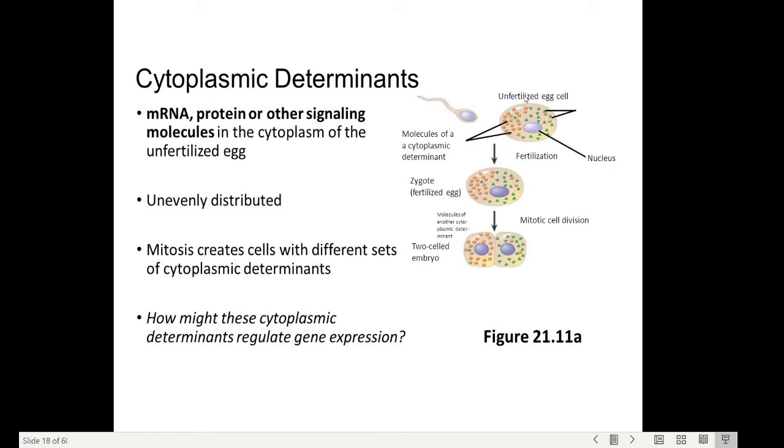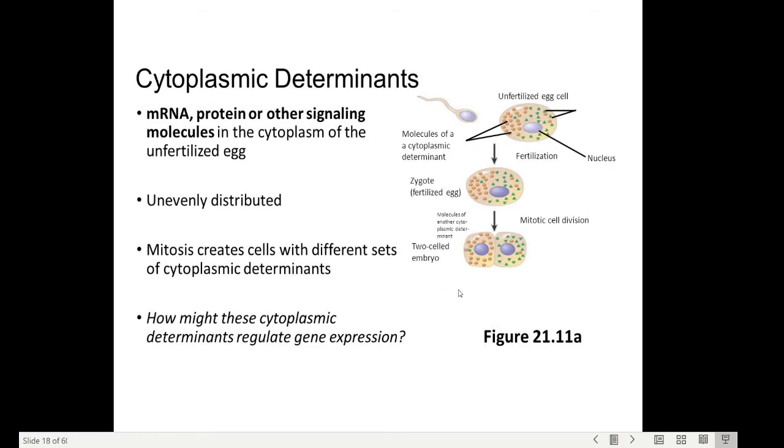Normally the unfertilized egg has its nucleus. After the nucleus of the sperm cell enters, that is called the fertilized egg, the zygote. After this stage, it enters mitotic cell division.